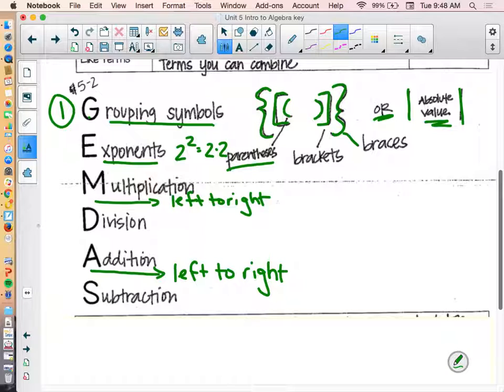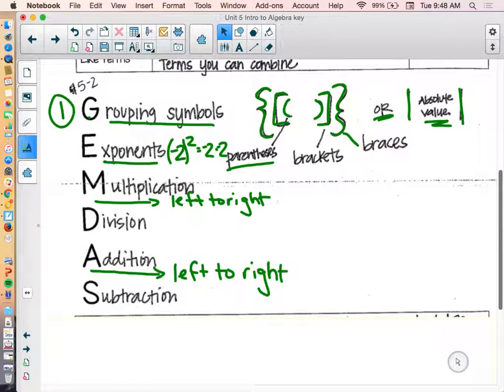But if you had a negative number, you would have to rewrite that a couple times. So if it were negative 2 quantity squared, we'd do negative 2 times negative 2. So you just have to pay attention with those to exactly what's being squared. All right, let's get that out of the way because it's kind of confusing with the parentheses.